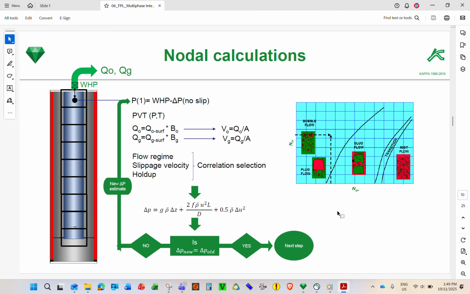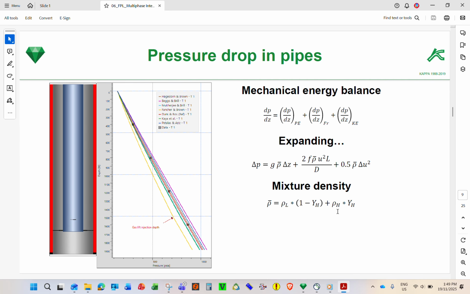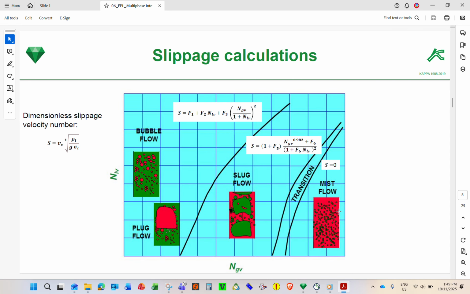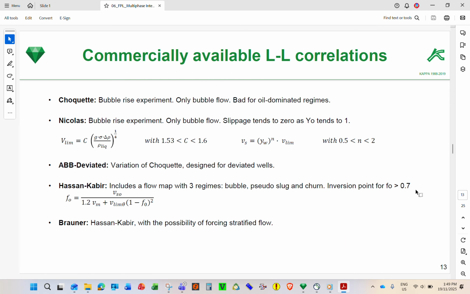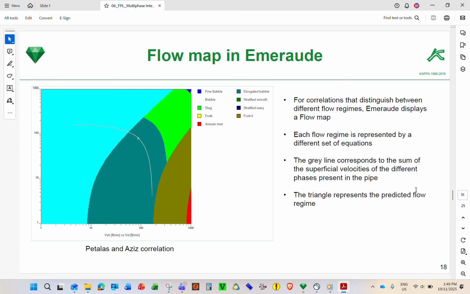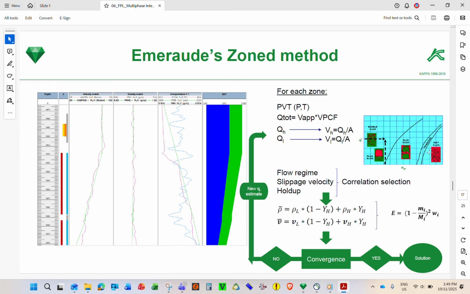This is from the tool, this is from the tool. You know this one from PVT, from holdup, VL and VH from the slippage correlation, and you can calculate the rest. So that's the thing.